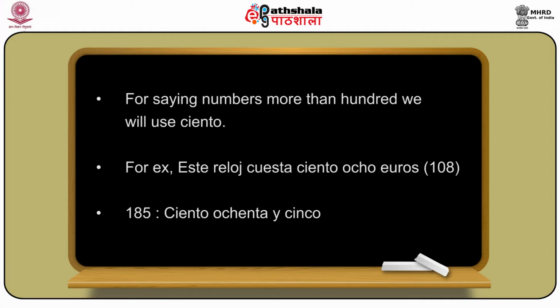Same way, if you want to say 185, we will not say cien ochenta y cinco, but we will say ciento ochenta y cinco. So you just need to remember that if we are mentioning the number 100 exactly, like 100 books, 100 boys, or 100 places, then we can say cien. Otherwise, after 100, like 101, 110, 120, all these, we will use ciento.